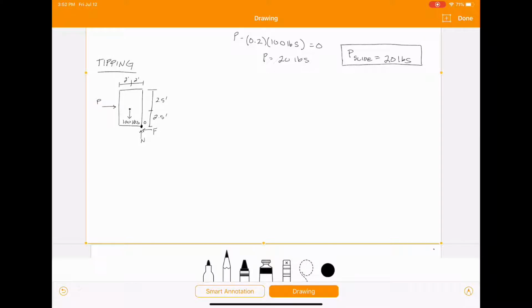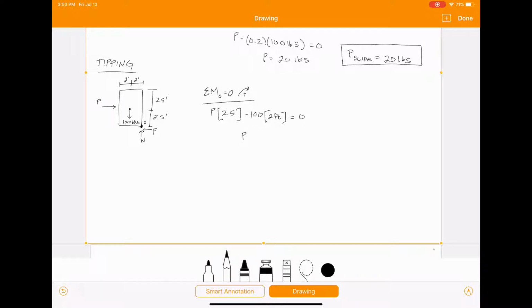All right, and now when you're checking tipping, since it's a rotation type of movement, we're going to use our sum of moments equation. And I'm going to take it about that point that it's tipping, choose a direction, and then we'll write our equation. So we'll have P times 2.5 feet minus 100 times 2 feet equals 0.